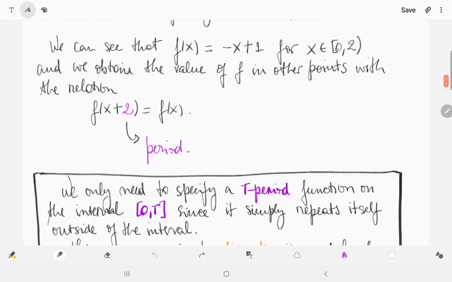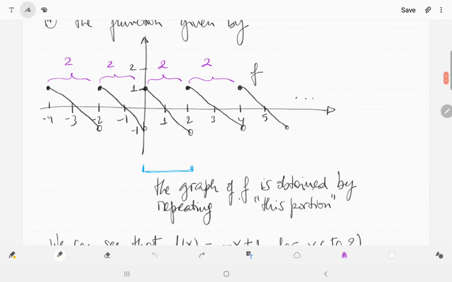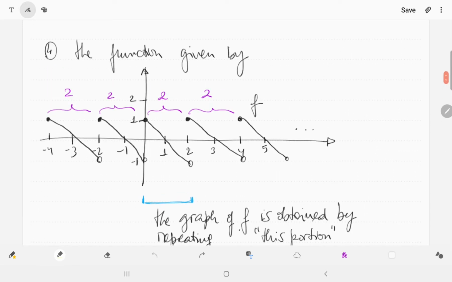Here in our example, the function jumps each time a new piece of graph starts. The function is jumping, and that means we have a discontinuity at this point. So at each of these points, we have discontinuities of f.